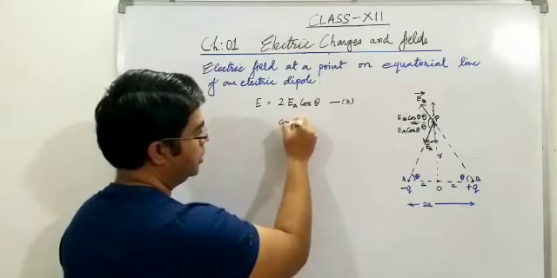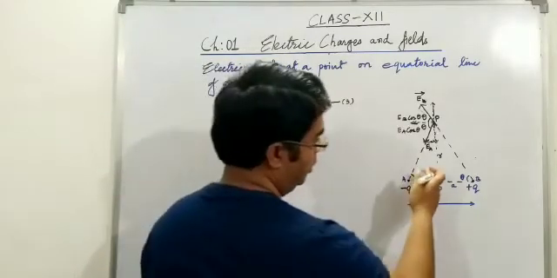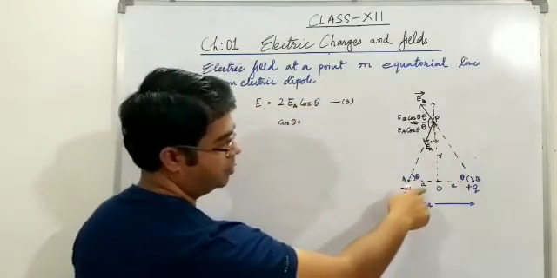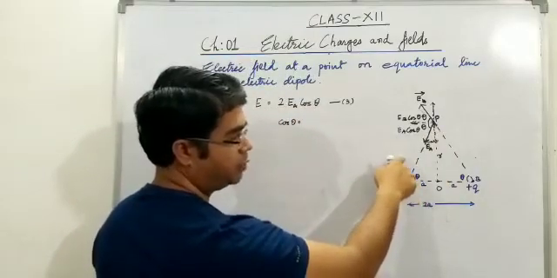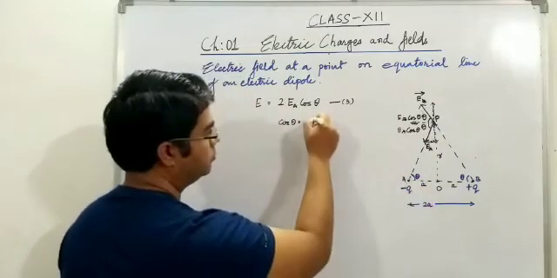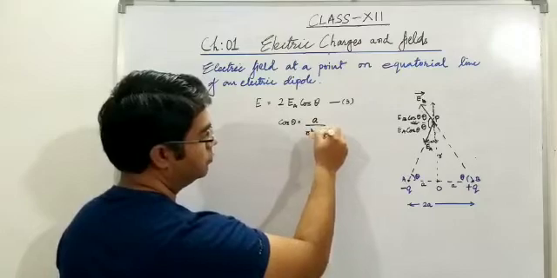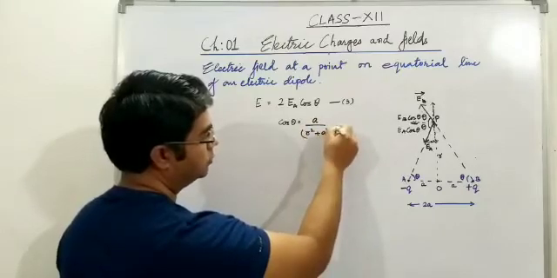Cos theta you can find by taking triangle AOP. Cos theta is equal to base upon hypotenuse, that is, A upon (R squared plus A squared) to the power 1 by 2.